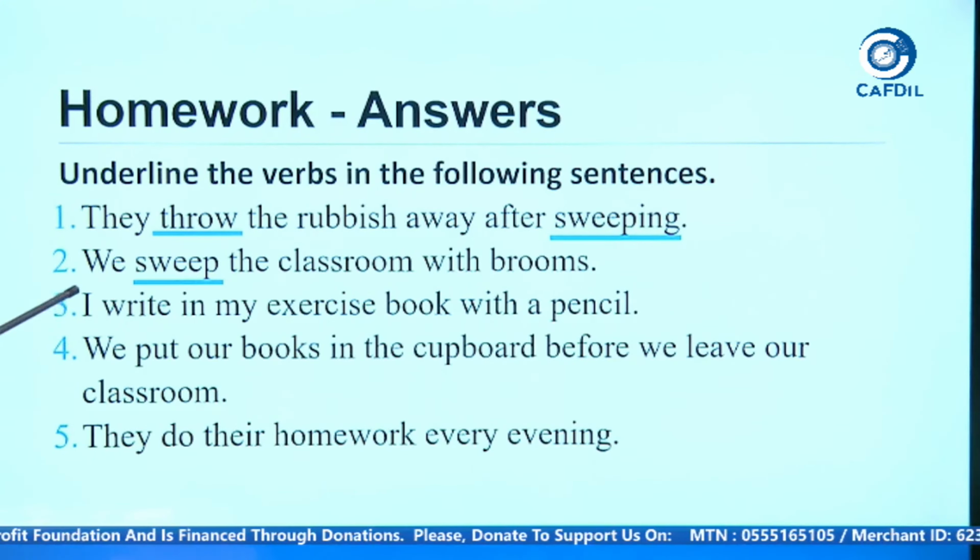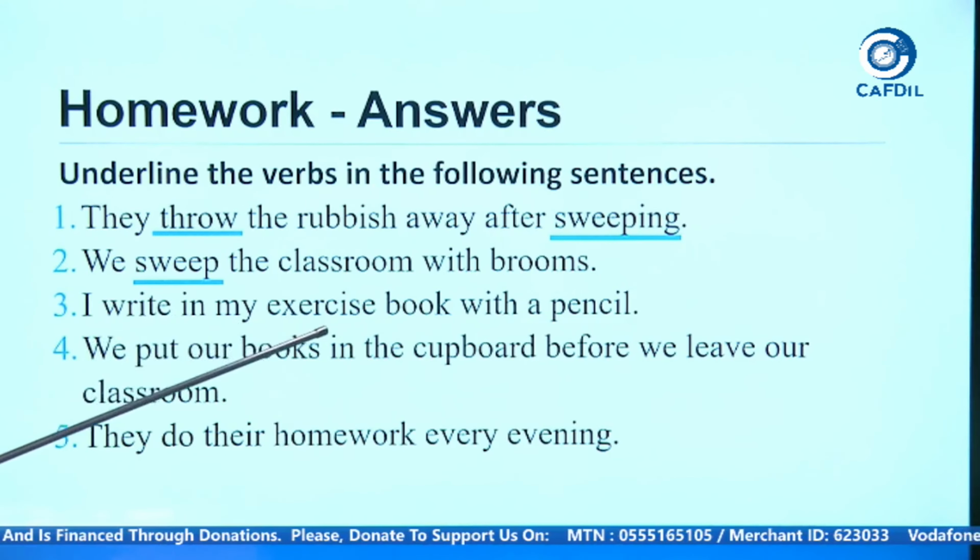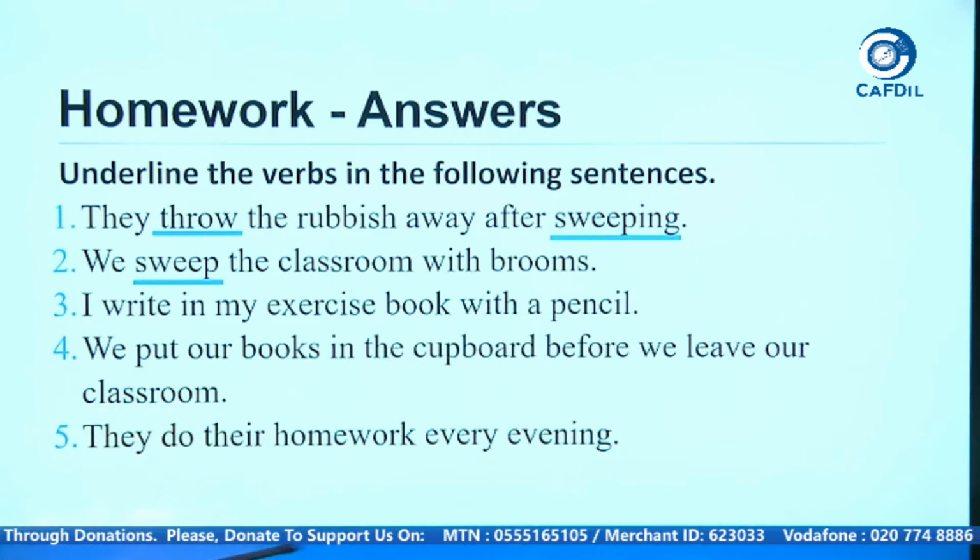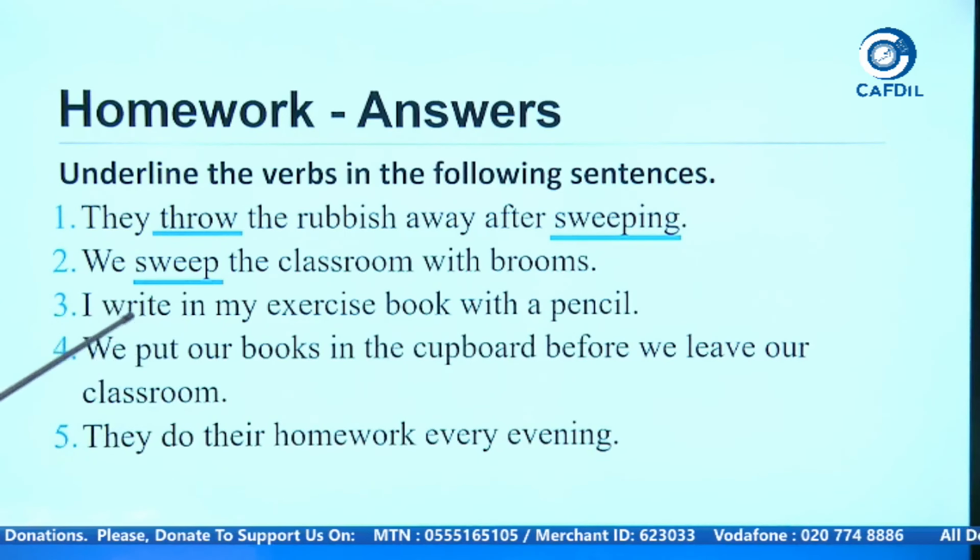Number 3: I write in my exercise book with a pencil. Which of these words are we going to underline as our verb? So the correct word is write. That is our verb.